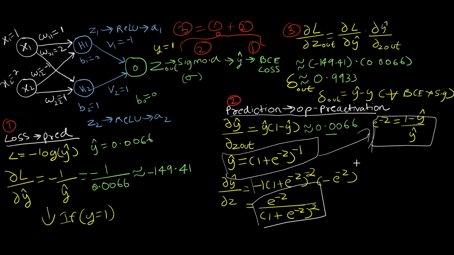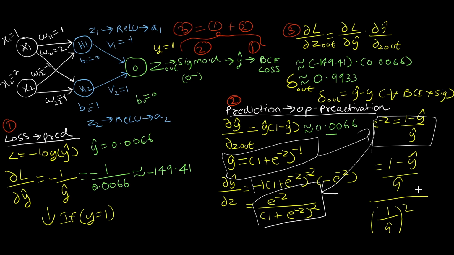We're gonna substitute this again here. So what would it look like? We will have 1 minus y cap by y cap, and in the denominator we will have 1 plus (1 minus y cap by y cap), the whole square.